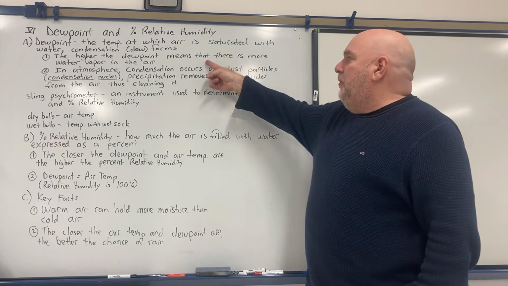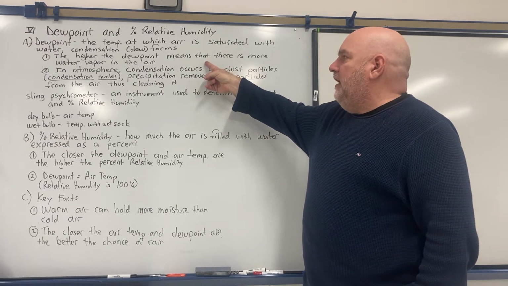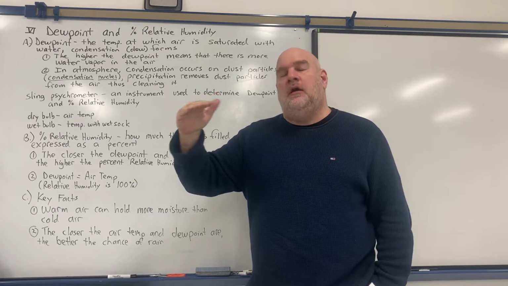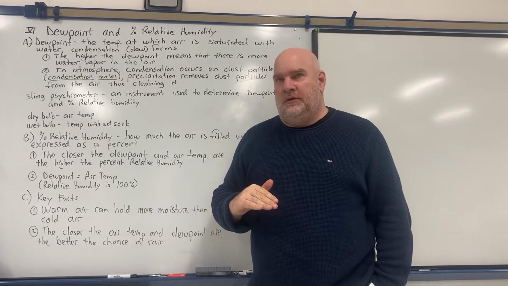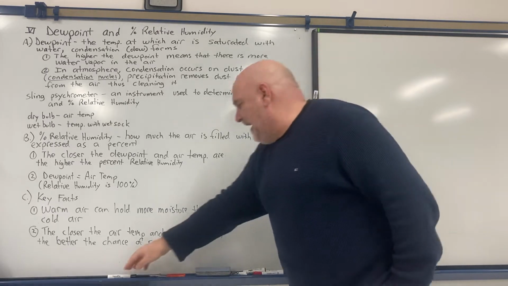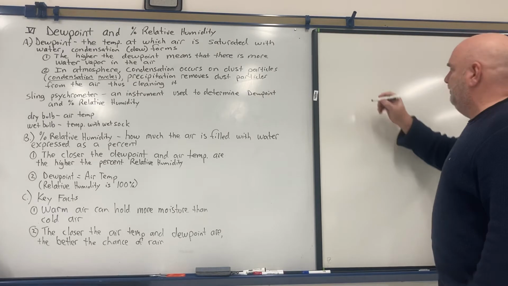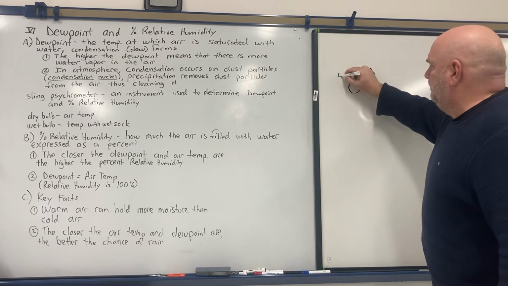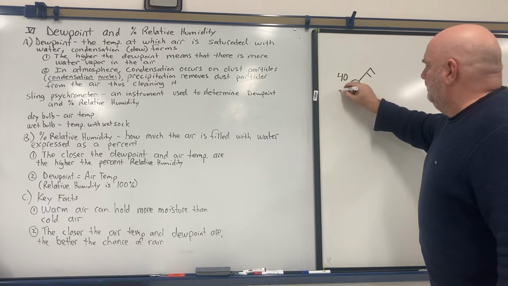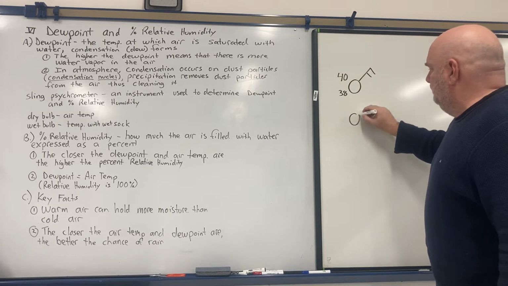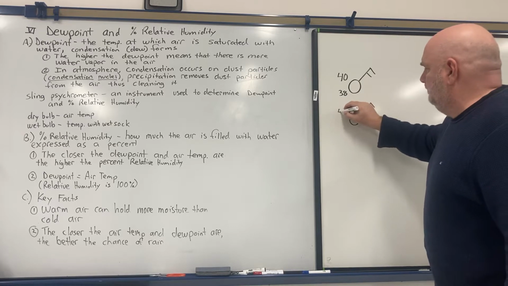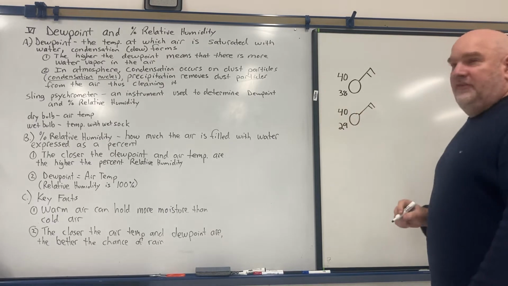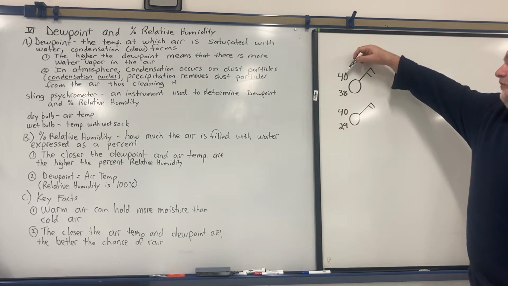The higher the dew point, the more water vapor there is in the air. So a high dew point means there's a lot of water in the air. A low dew point means there's not very much water in the air. And remember that on station models, this number right here is the air temperature.